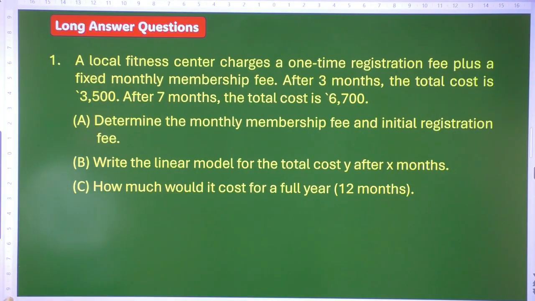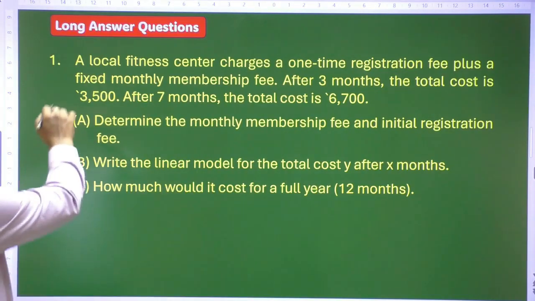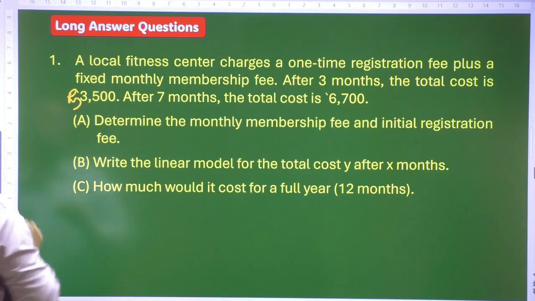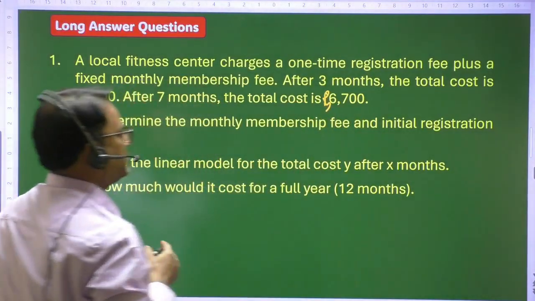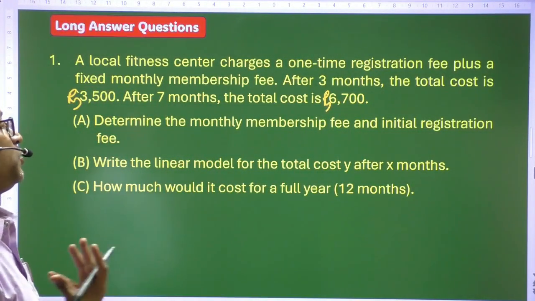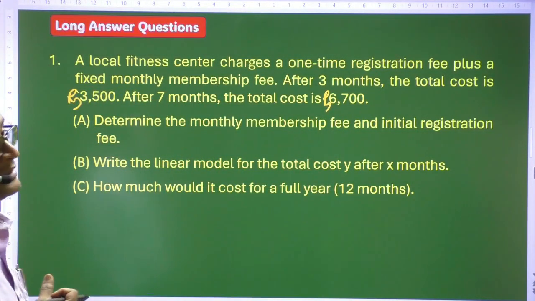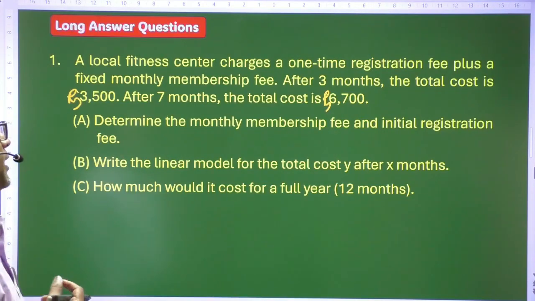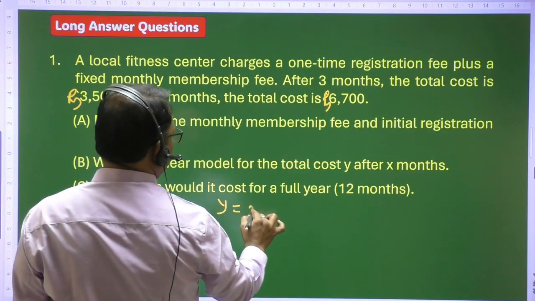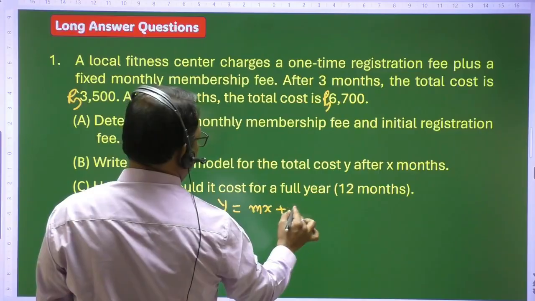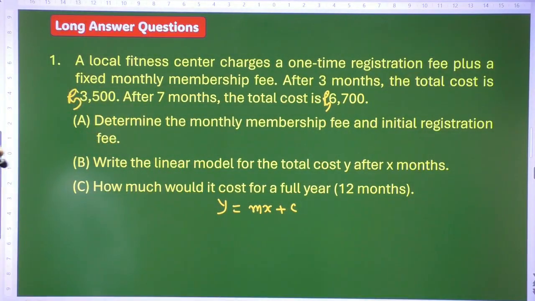After 3 months the total cost will be this, and after 7 months the total cost is this. We don't know the monthly charges, and we don't know the fixed charges. So I am taking the straight line y equals mx plus c. This is my linear growth modeling.